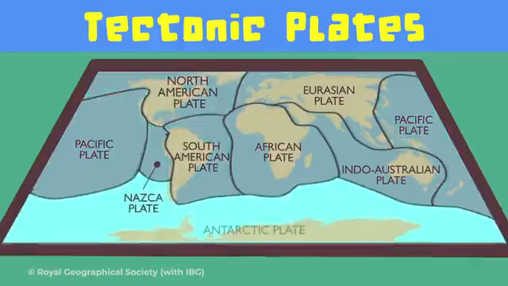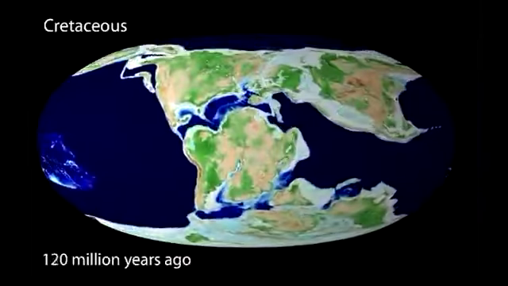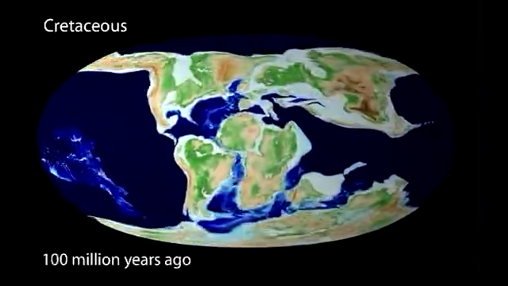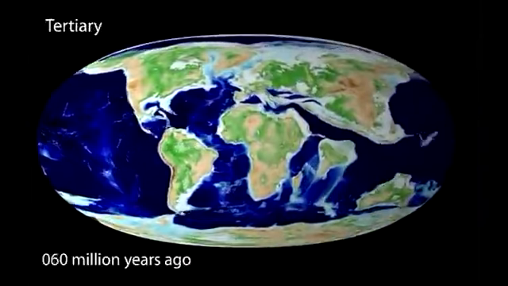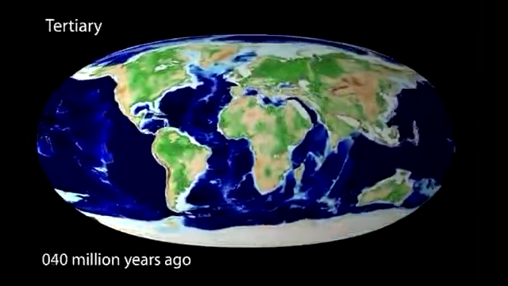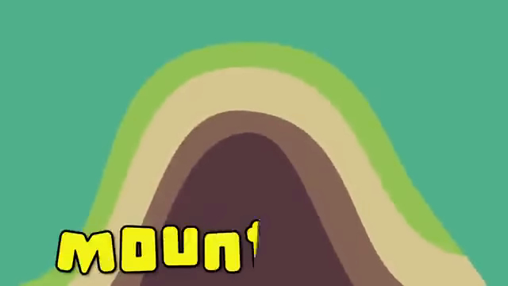These tectonic plates are huge, heavy, and constantly moving, but very, very, very slowly. They move by about 1 to 10 centimeters a year. Over long periods of time, the movement of these plates results in big changes on the Earth's crust. Mountains are mostly formed because of this movement of these tectonic plates.